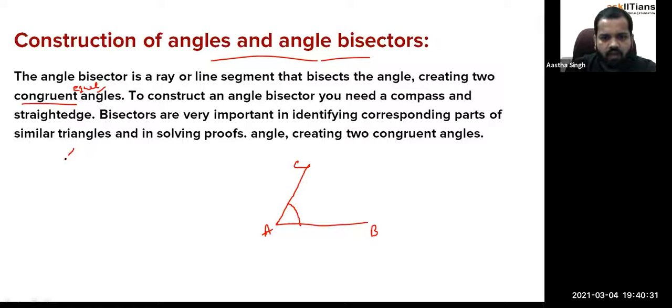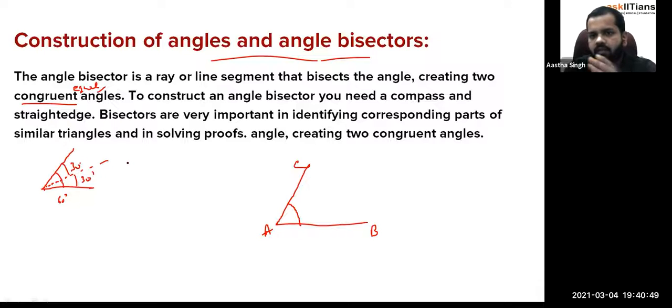If the whole angle is 60 degrees, you have to find an angle bisector so that this angle will be 30 degrees and this angle will be 30 degrees.